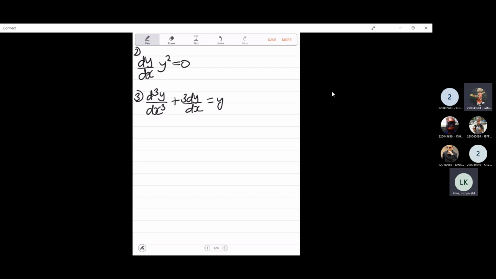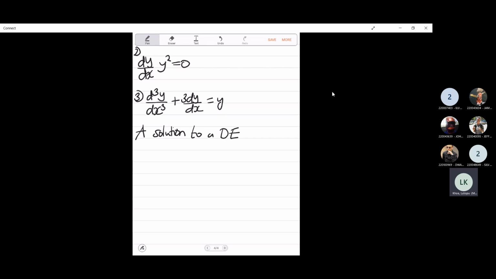Then we have what is called the solution of our differential equations. So a solution to a differential equation.